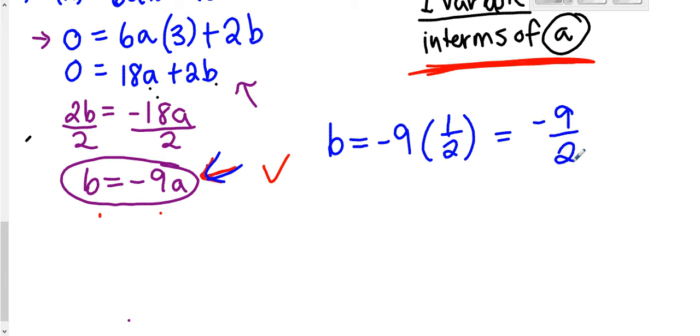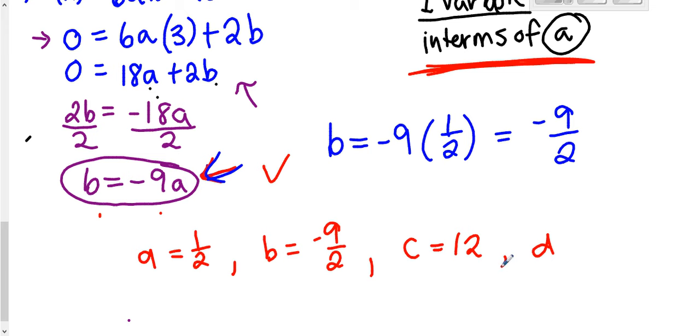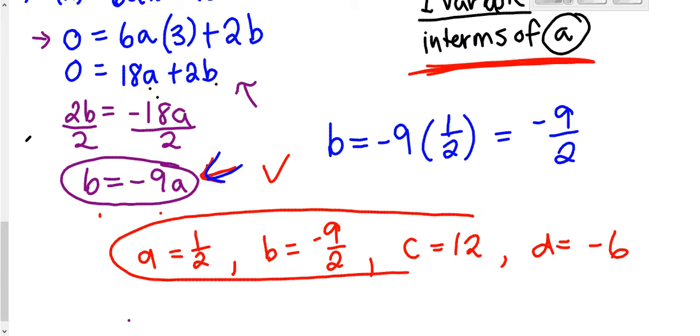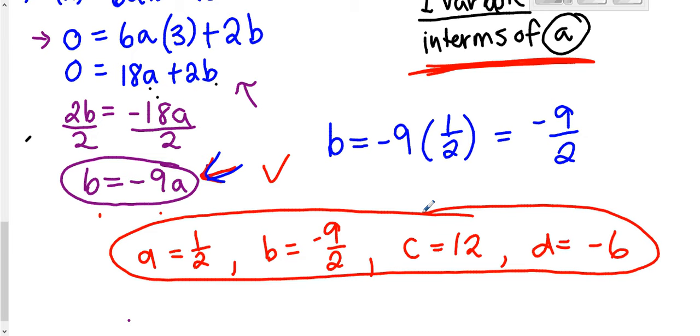Woo! So let's write that all together. A is 1/2. B is negative 9/2. C is 12. And D is negative 6. So if they wanted to, they just asked us for those four.